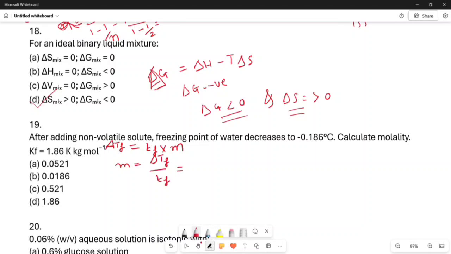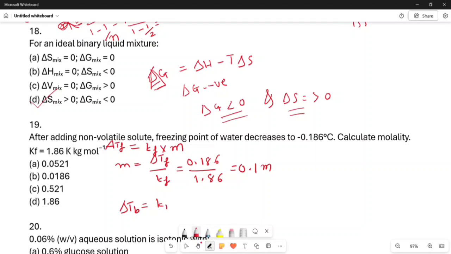Delta Tf here is 0.186 and the value of Kf is given as 1.86. So the answer is 0.1 molality. Now we can calculate delta Tb.